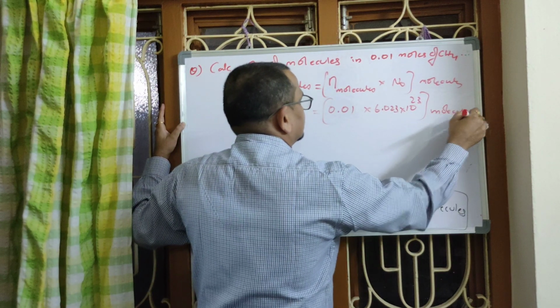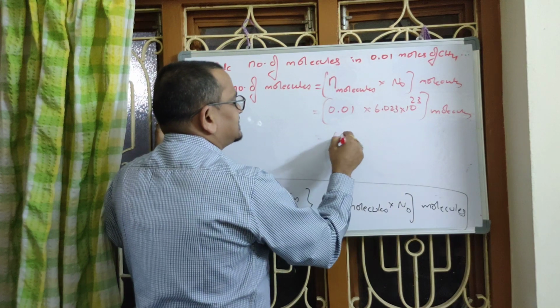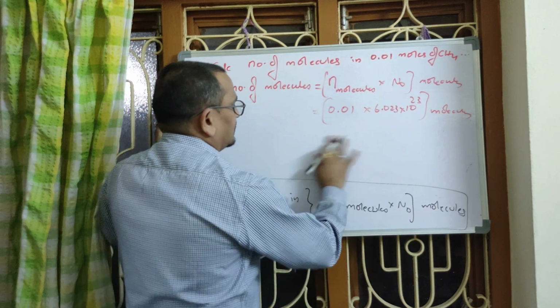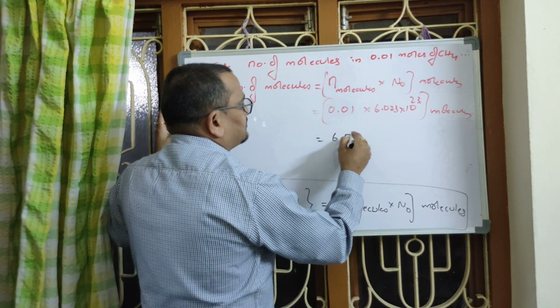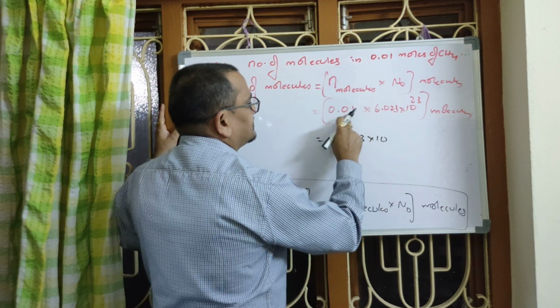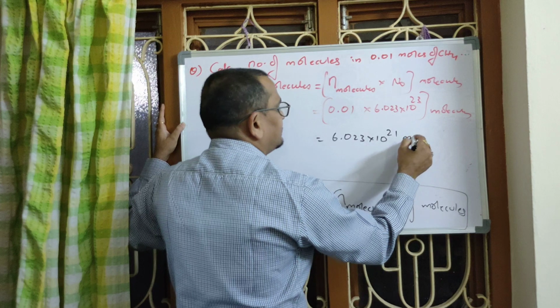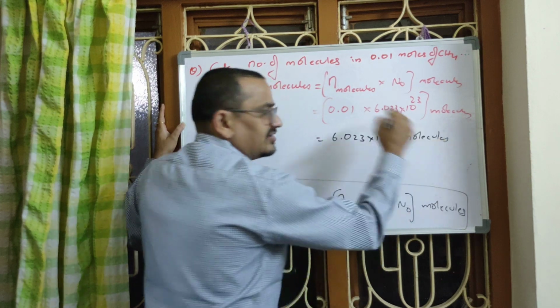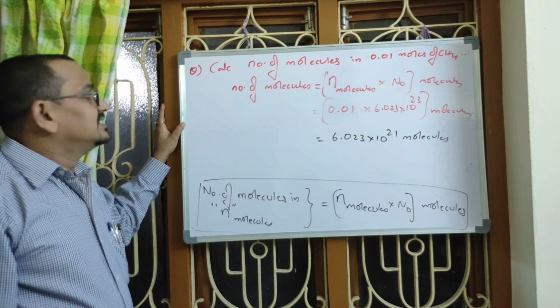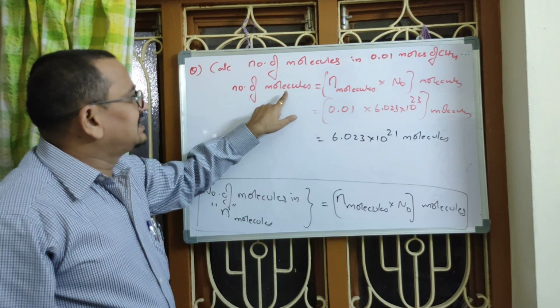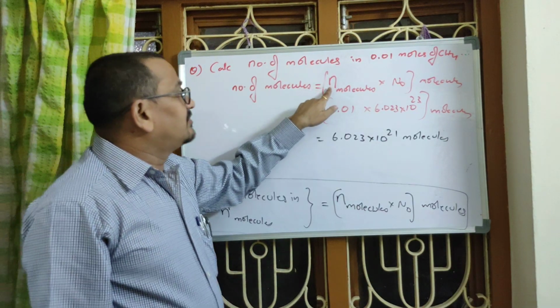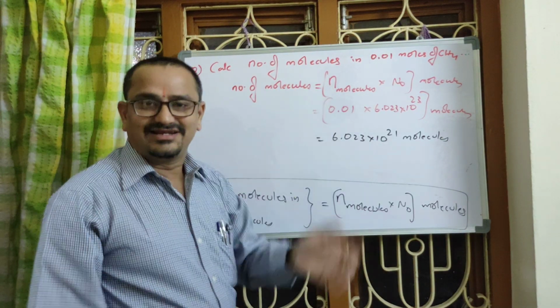This will be the answer. So what's the final value? 6.023 into 10 power, this is 2 tens, no? Will be cancelled. 10 power 21 number of molecules. So this is how we can calculate number of molecules when number of moles of molecules are given.